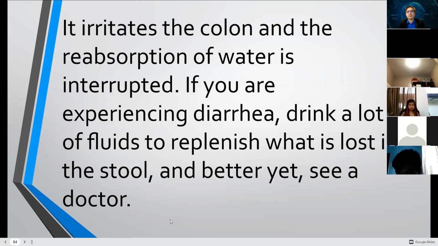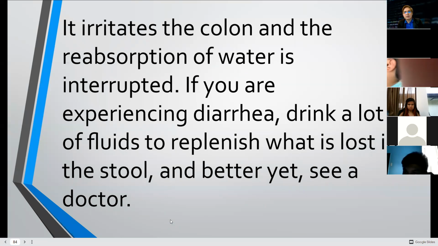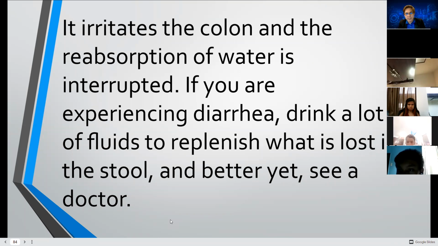It irritates the colon and the reabsorption of water is interrupted. If you are experiencing diarrhea, drink a lot of fluids to replenish what is lost in the stool, and better yet, see a doctor. If you have diarrhea for around 3 days, you need to see a doctor to be treated.